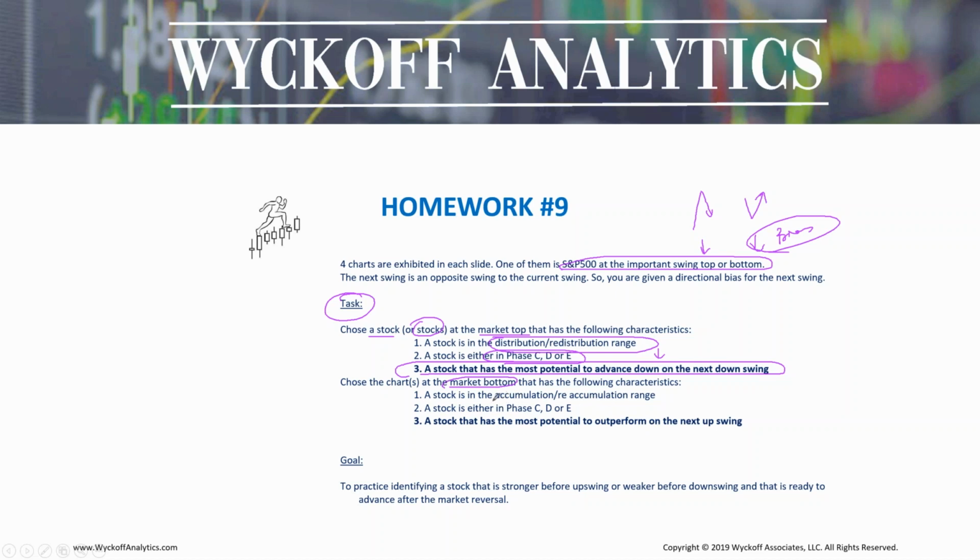You want to define the stocks that are in the accumulation or reaccumulation range, in phases C, D, or E, and whose comparative analysis suggests that they're going to outperform in the next move up when the market resumes its swing. That's the whole task. Let's look at this.